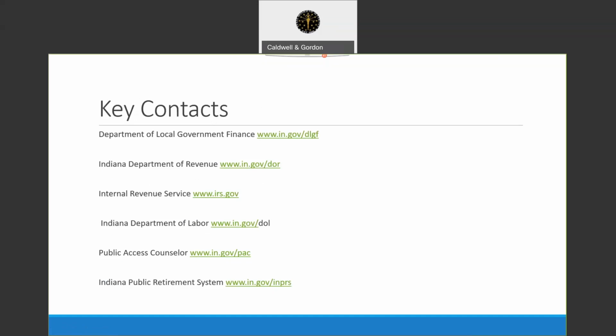The Department of Labor can address personnel issues or wage and hour questions. The Public Access Counselor can guide you or provide information on access to public records or the requirements for public meetings. And finally, the Indiana Public Retirement System, or INPRS, for any pension-related questions.